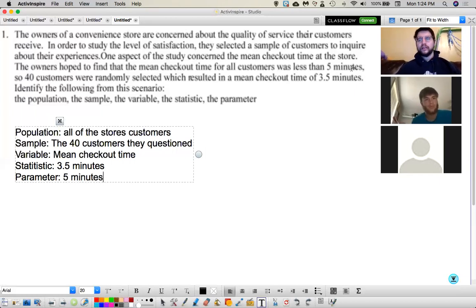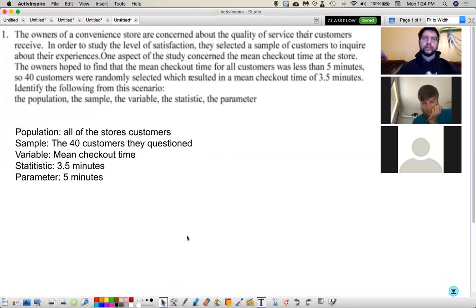Just like if you were writing your null and alternative hypotheses, you put this 5 minutes as mu, and you put this 3.5 as x bar. So the mu is the parameter, the x bar is the statistic. So this is basically just a vocab question. Make sure you're familiar with the terminology.